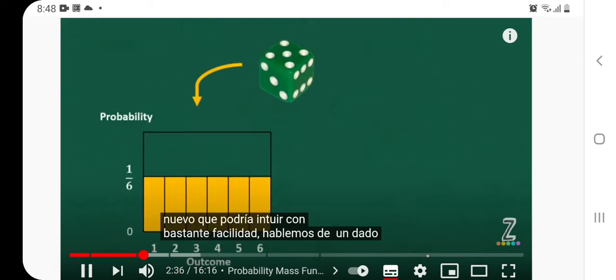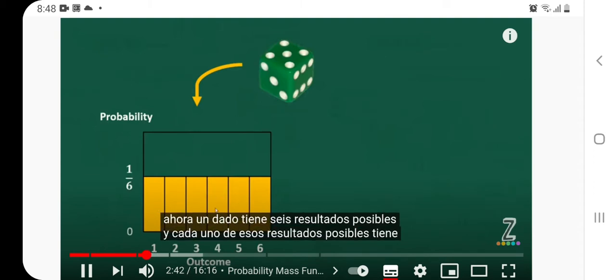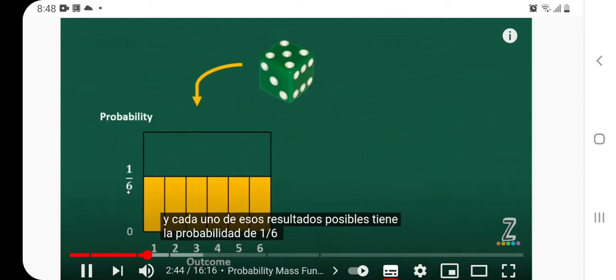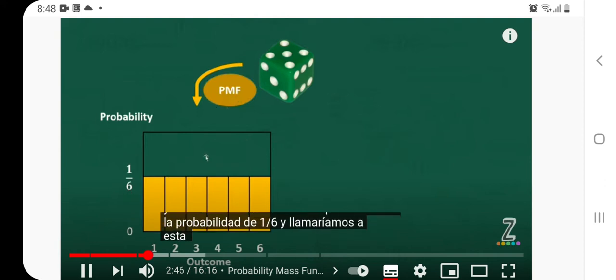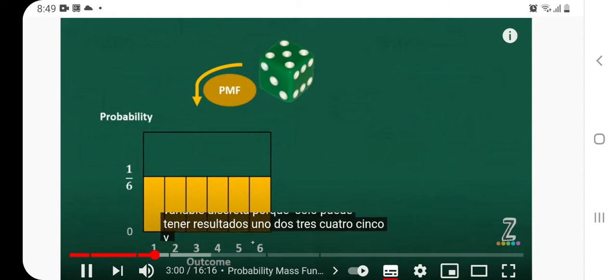Let's talk about a dice. Now, one dice has 6 possible outcomes, and each of those possible outcomes has the probability of 1/6. And we would call this the probability mass function, just like we described on the previous slide. It's a discrete variable because it can only have outcomes 1, 2, 3, 4, 5, and 6.